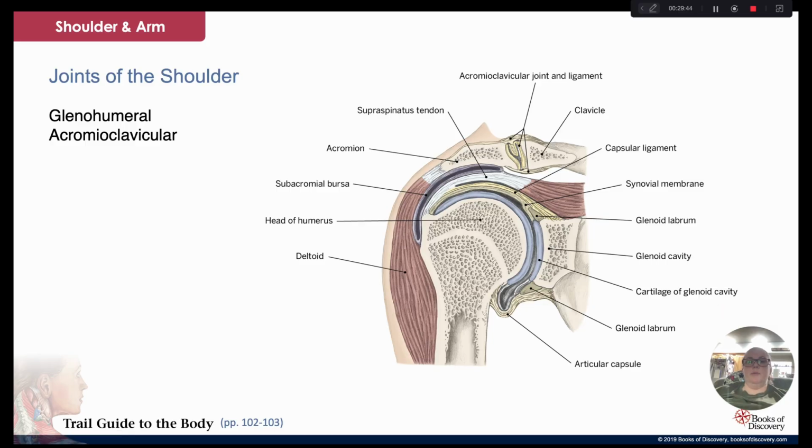Joints. We already went over what the joints are. This is a view of the shoulder joint, if I were to cut it in half so that you can see more of the inner structure. The main thing I want to show you here is there's something called the subacromial bursa, this right here. You have bursa sacs that surround the joints.